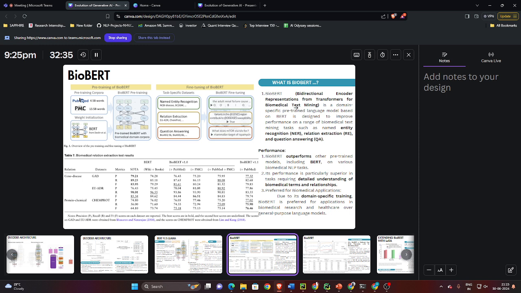So essentially BioBERT, a model fine-tuned for biomedical tasks, can perform tasks much better. What tasks can it perform? Entity recognition, question answering, giving the relationships between any two genes.